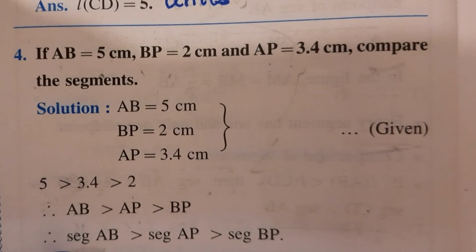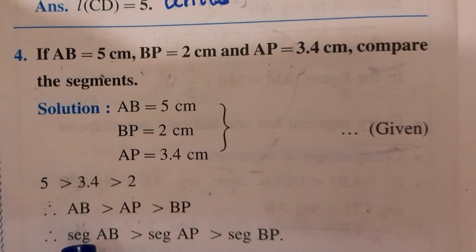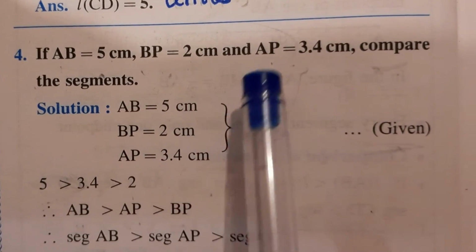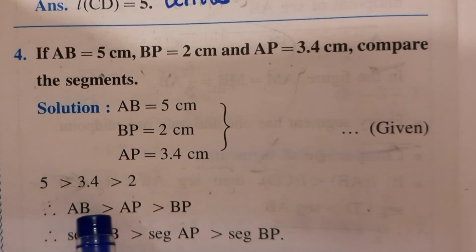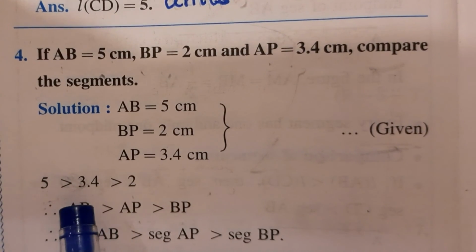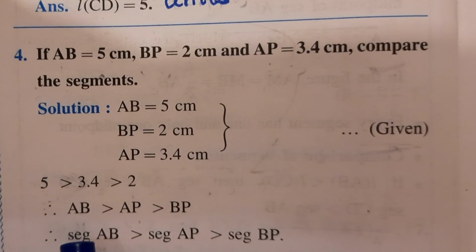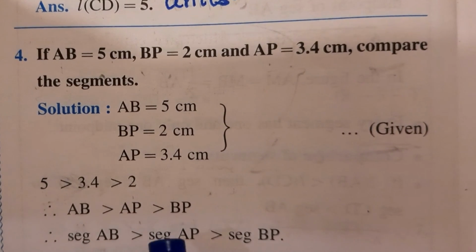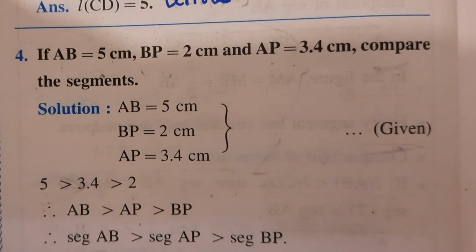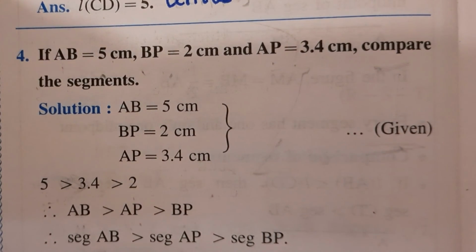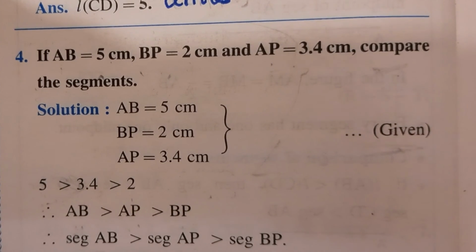Now in the final answer, instead of length you have to write segment, because in the question we are told to compare the segments. So here we are comparing the lengths. It's important to write that segment AB is greater than segment AP and segment AP is greater than segment BP.